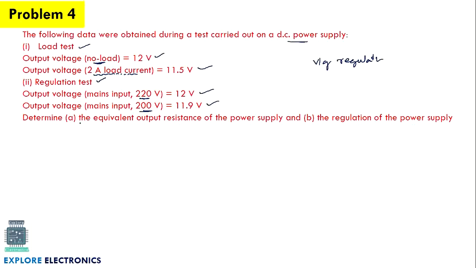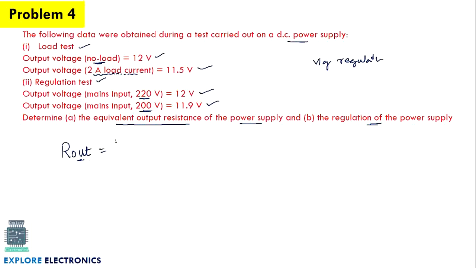Now we need to determine the equivalent output resistance, R out, of the power supply, and the regulation of the power supply we need to find out. So what is R out? We know that output voltage divided by output current, V out divided by I out, is R out.